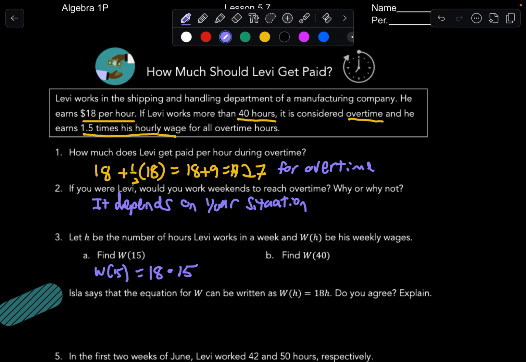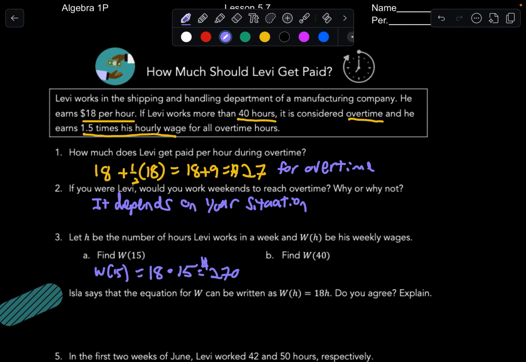I'm trying to do it in my head. I can't. I could go 10 times 15 is 150, 8, no, it's too complicated to do it that way. So I am resorting to a simple calculator, 18 times 15. And that's going to be $270. That's how much he would be paid for a 15-hour work week.